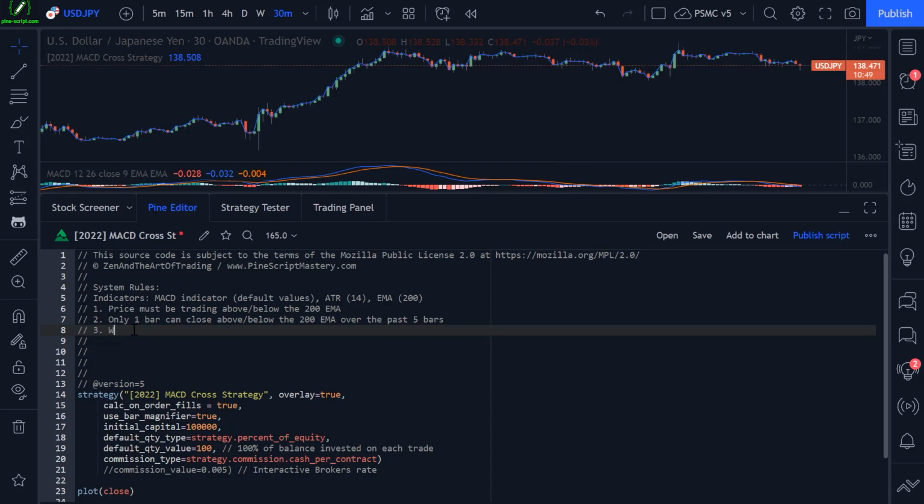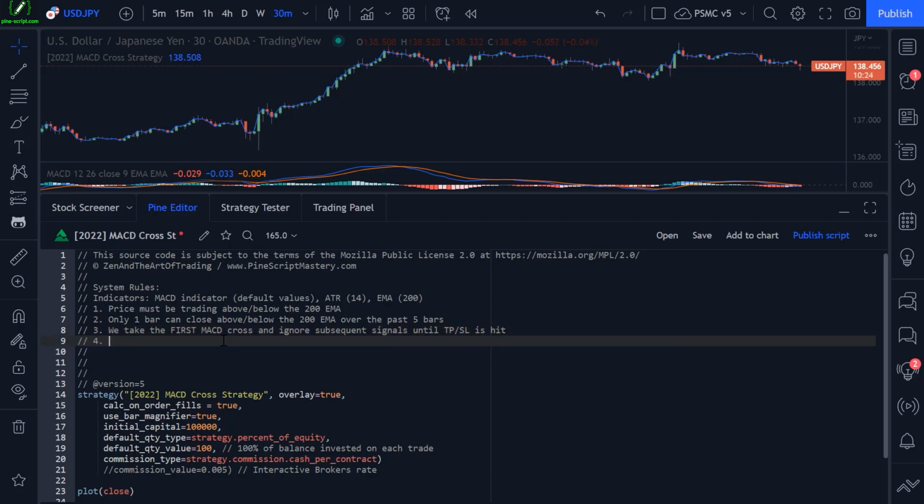The third rule is we take the first MACD cross and ignore subsequent signals until our take profit or stop loss is hit. Now, the fourth rule for this system is that our stop loss is going to be 0.5 ATRs, so half an ATR, above or below the recent swing high low over 7 bars.